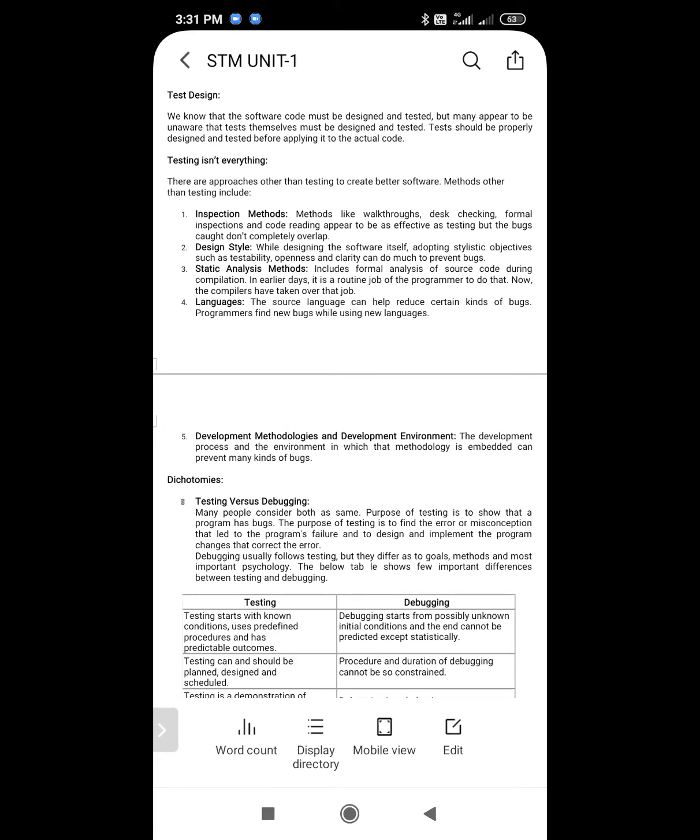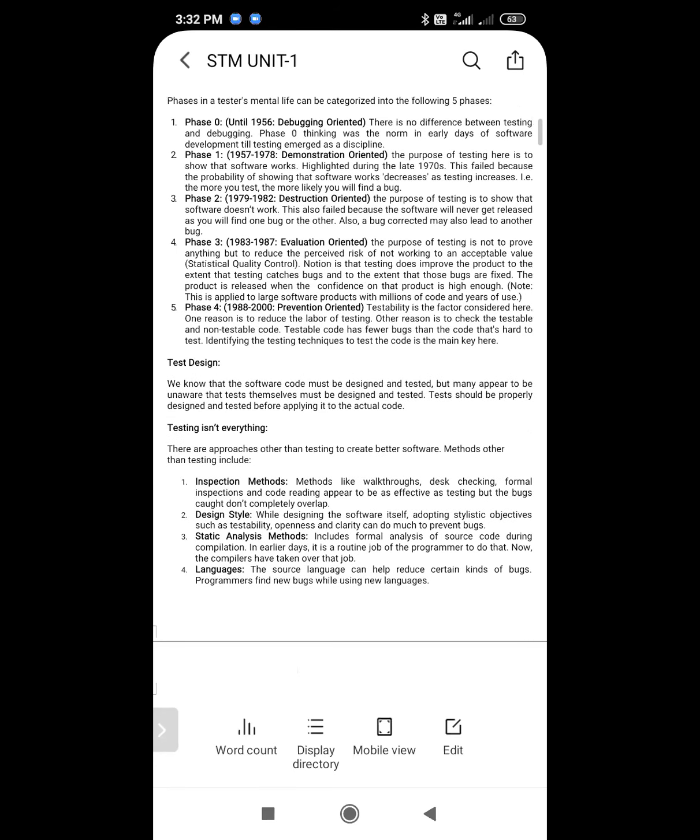Because the means in which the methodology is embedded can prevent bugs. For testing methodologies, you have to write 5 different side headings.